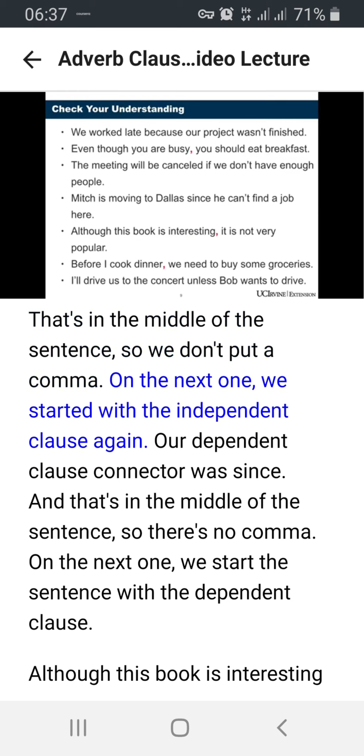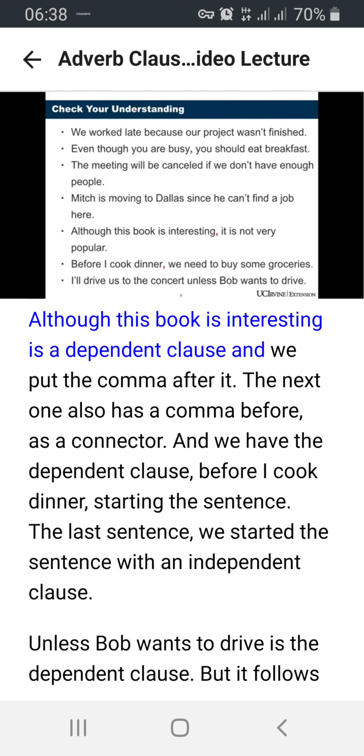On the next one, we started with the independent clause again. Our dependent clause connector was since, and that's in the middle of the sentence, so there's no comma. On the next one, we start the sentence with the dependent clause. Although this book is interesting is a dependent clause, and we put the comma after it.